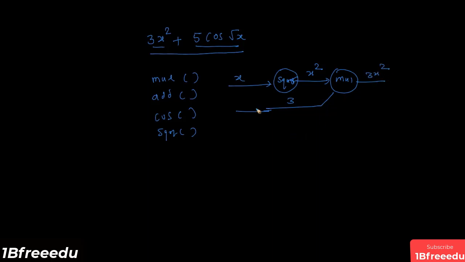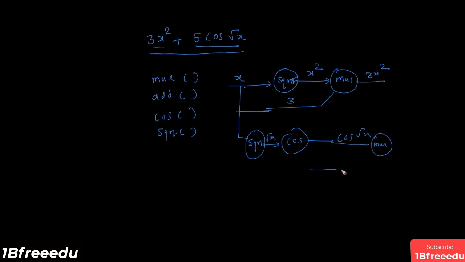Now let us say I have this neuron which performs the cosine operation. To this cosine I'll give as input the square root. So this will produce the square root of x, and this will produce the cos of square root of x. So that input I'll give to the multiplication unit along with this 5.